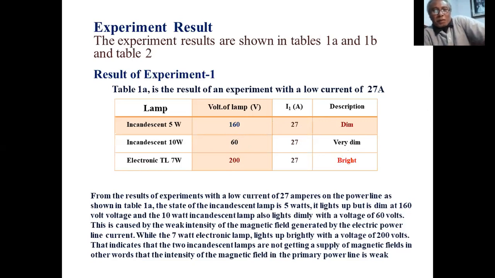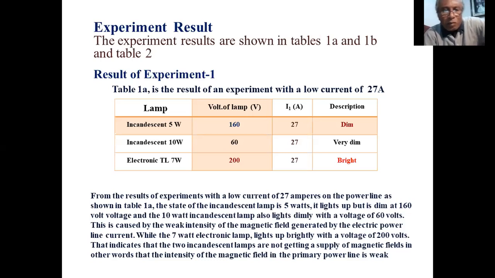From the result of the experiment with a low current of 27 amperes on the power lines, as shown in table 1a, the 5 watt incandescent lamp lights up but is dim at 160 volts, and the 10 watt incandescent lamp also lights up, but with a voltage of 60 volts.